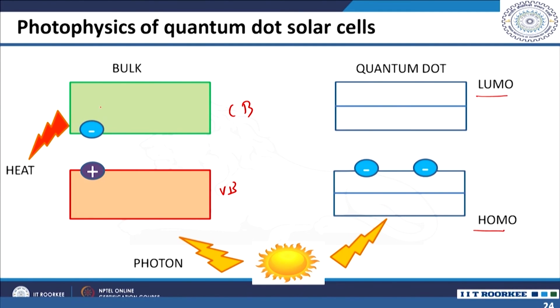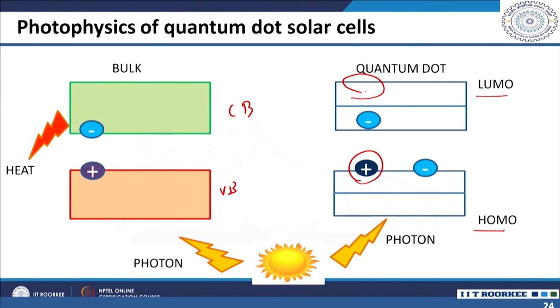Whereas in the second case the same light is falling on the quantum dot. Let us have a look at this figure. Now I have two electrons in my ground state, a photon beam falls on the electron, and one electron jumps from the valence band to the excited state, or HOMO to LUMO level, leaving a hole in the HOMO energy level and one electron here. What happens to the next charge carrier?